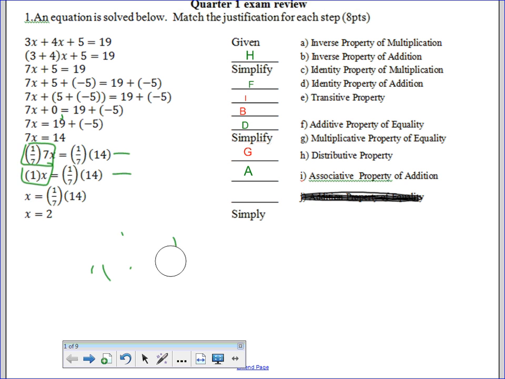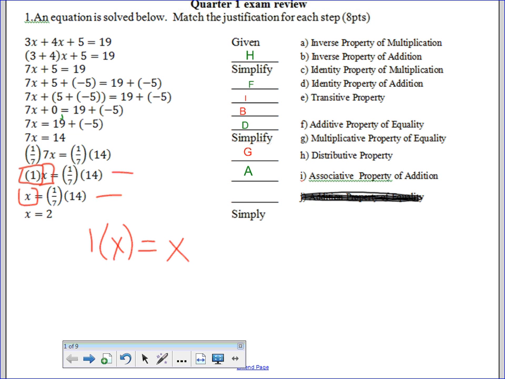We're almost done now. So what changes between this line and this line? Well, we took 1x and we just turned it into x. So what allows me to say 1 times anything is itself?